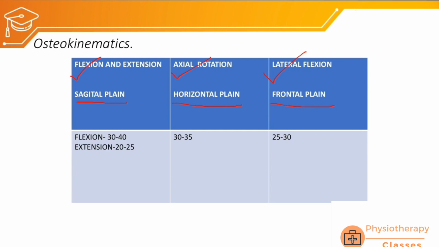The range of flexion at the thoracic vertebral column is 0 to 30-40 degrees. Range of extension is 0 to 20-25 degrees. Range of axial rotation is 0 to 30-35 degrees, and range of lateral flexion is 0 to 25-30 degrees. These are the osteokinematics of the vertebral column.